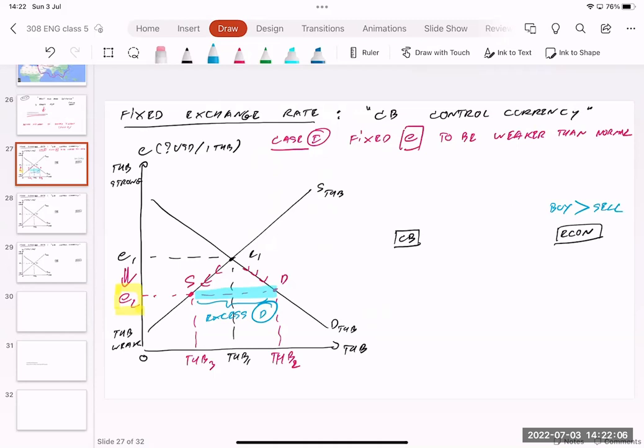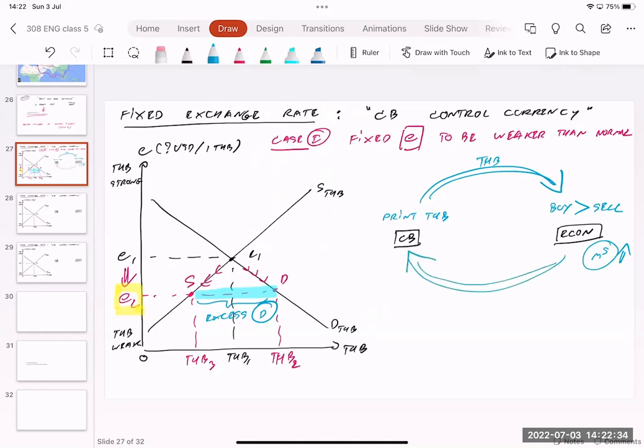So what the central bank has to do is print more money, print more Thai baht and sell it to the economy. So Thai baht is going to flow more into the economy. The money supply is going to be increasing. On the other hand, when the central bank prints more money and sells more Thai baht to the economy, the central bank is going to get the revenue.